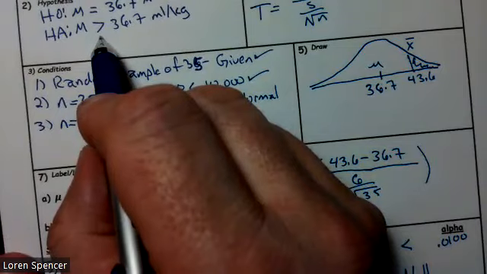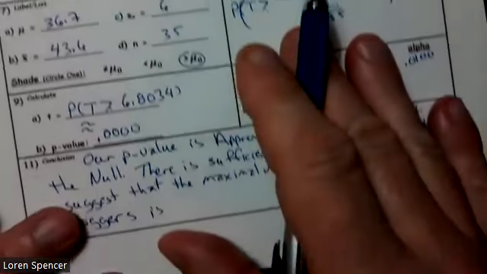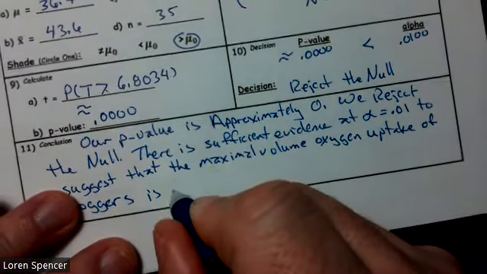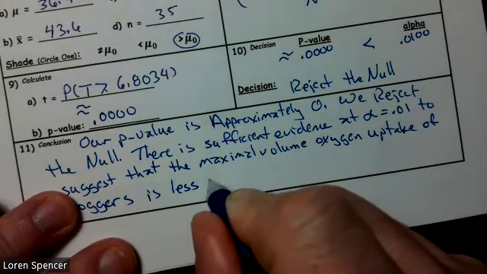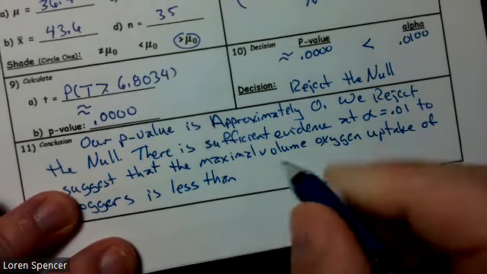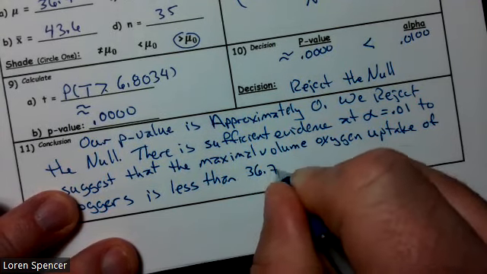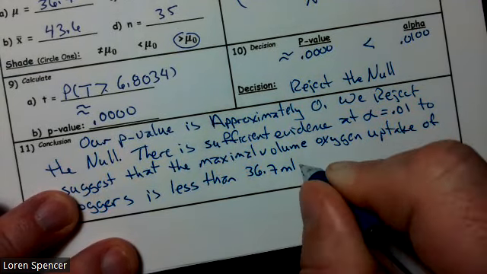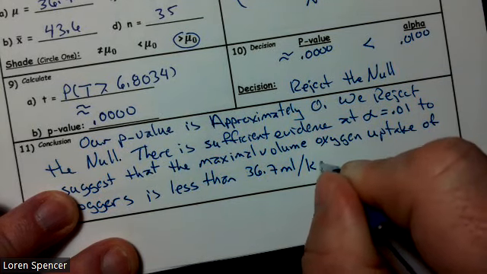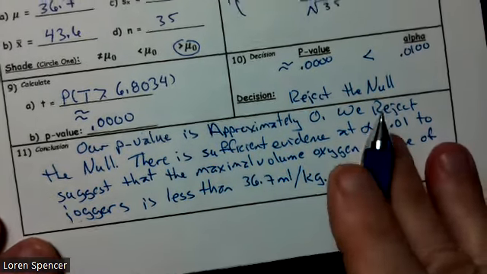Is less than 36.7 milligrams per kilogram. And I'm not even sure what that means.